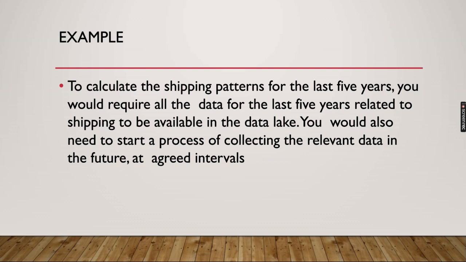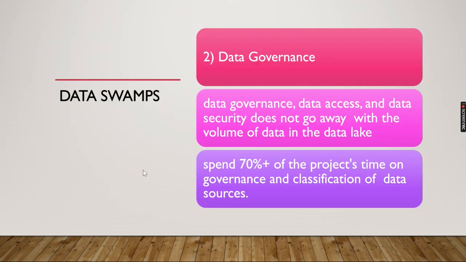For example, calculate the shipping pattern for the last 5 years. You would require all the data for the last 5 years related to shipping to be available in the data lake. You would also need to start a process of collecting the relevant data in the future at agreed intervals.